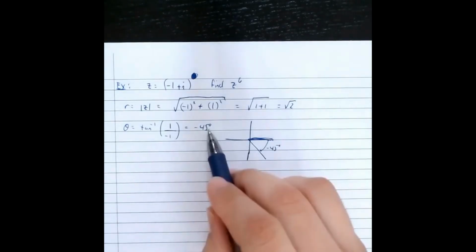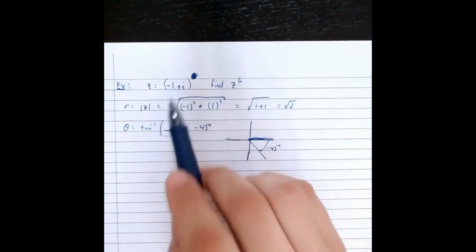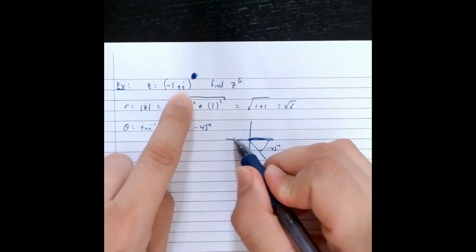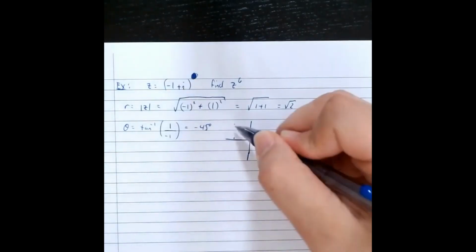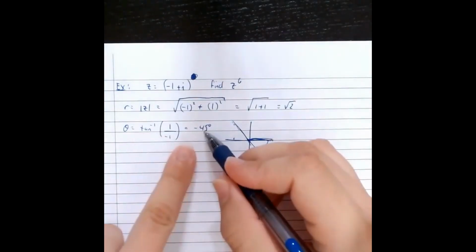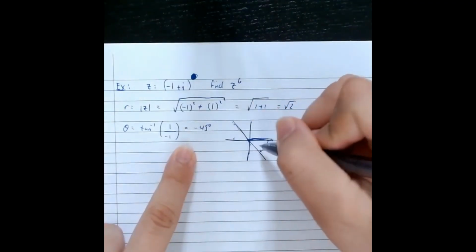So this angle puts us in the fourth quadrant. All right, -1 plus I. -1 means go to the left, and positive I would mean go up. Oh yeah, no, we're in the wrong quadrant. So here theta shouldn't be -45 degrees. We need to flip this over in the opposite direction.